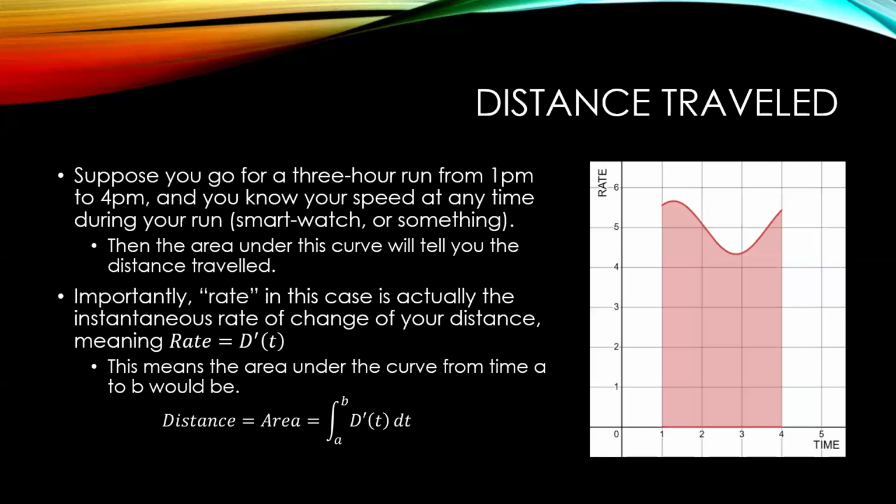It's the derivative of your distance. And so this means that we can rewrite the distance as the area, as the integral from a to b of d prime of t. And so the area is the Riemann sum of this distance, or the derivative of this distance.